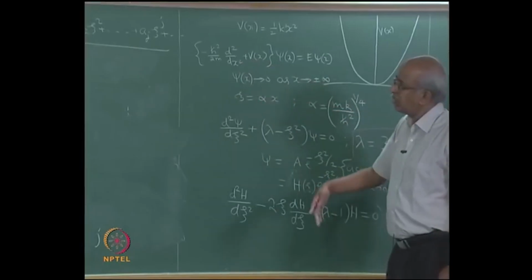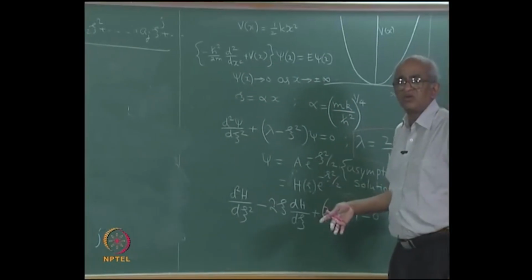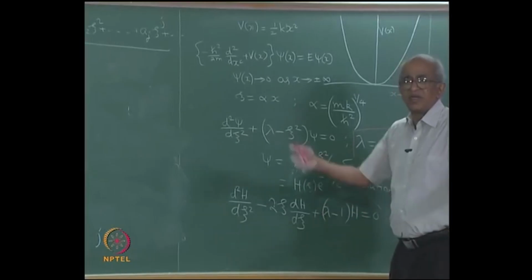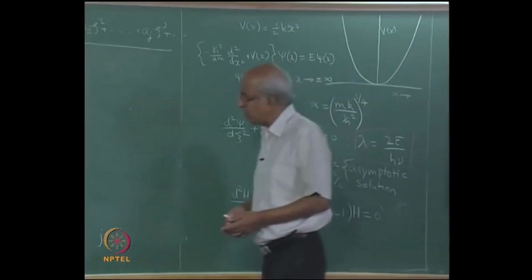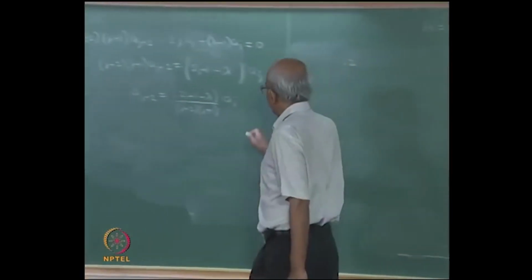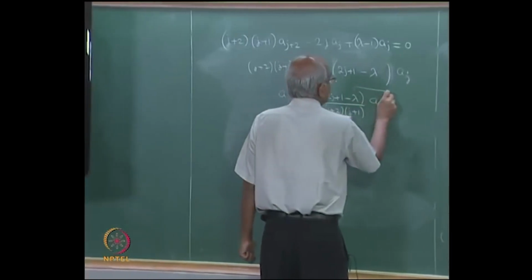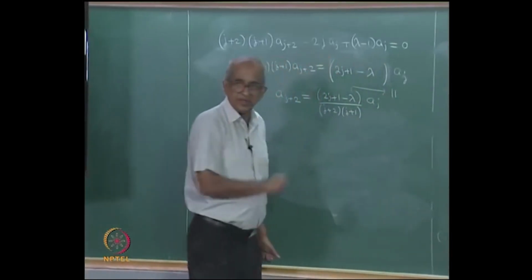But suppose it so happens that lambda is equal to, let us say, 11, just to illustrate. So, if lambda is equal to 11, what will happen?